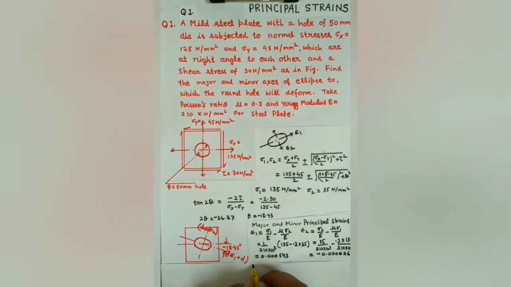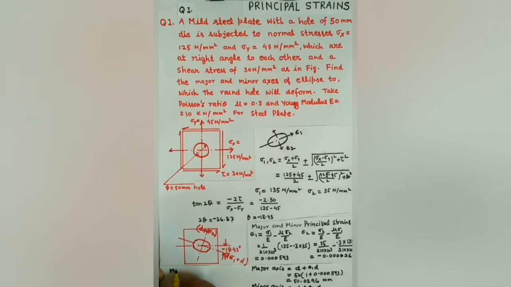So let us find out the major axis, which will be equal to D plus epsilon 1 D. D is given as 50 mm, times 1 plus epsilon 1, that is 0.000593, which gives a value of 50.0296 mm.